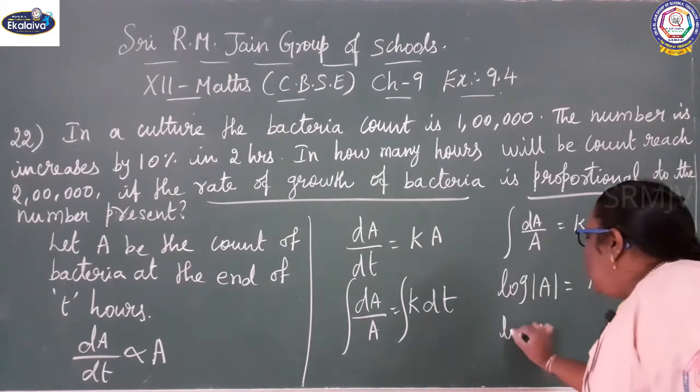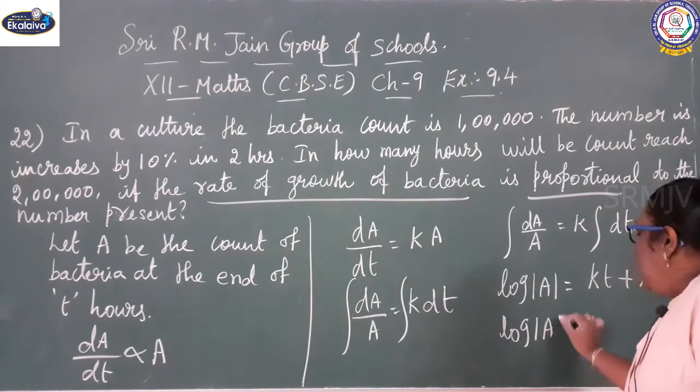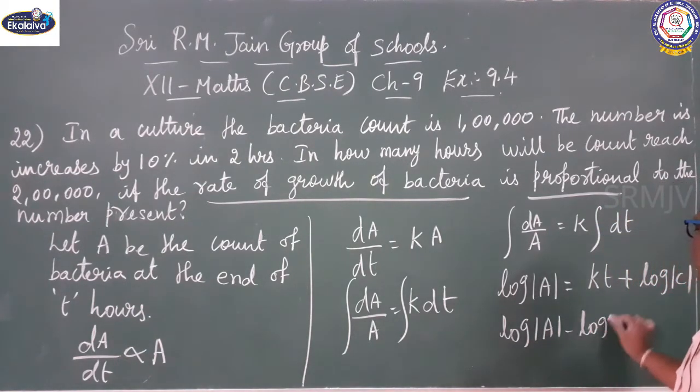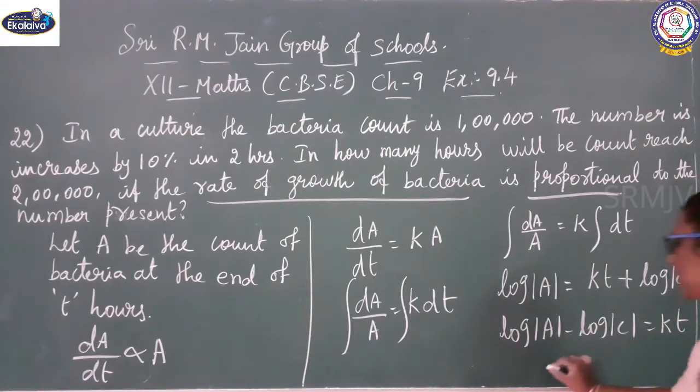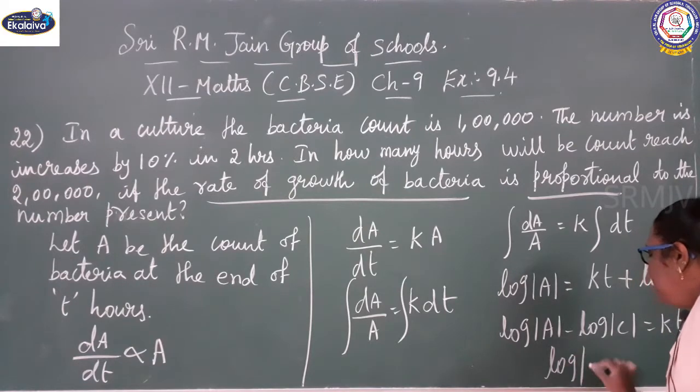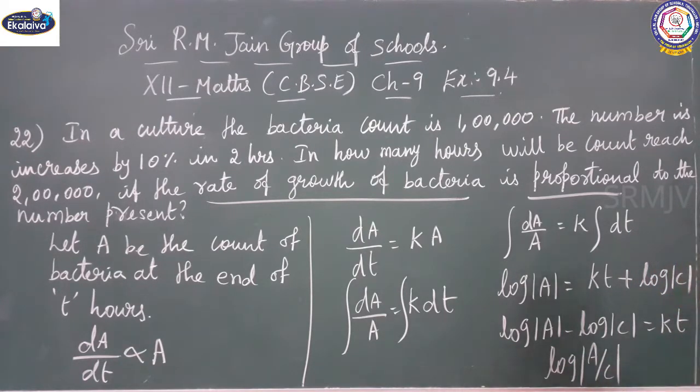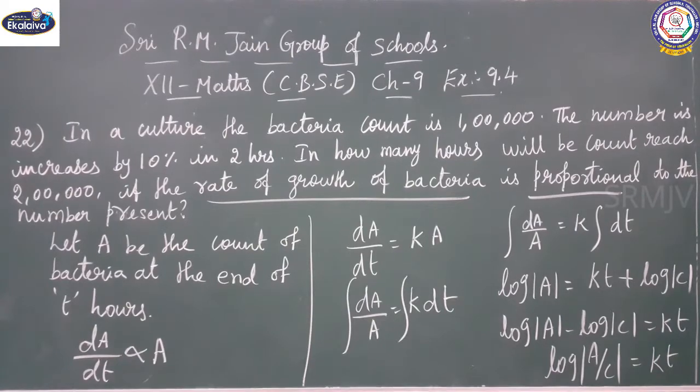So, log of mod A minus log of mod C equal to KT. Log m minus log n is log of m by n, so log of A by C equal to KT.